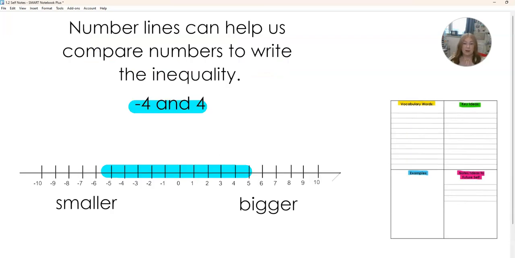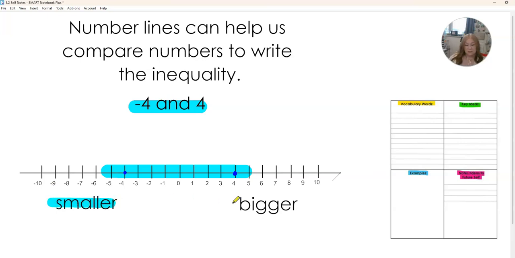So number lines can help us compare numbers to write the inequality. So go ahead and just draw yourself a quick little number line here. And we're going to plot on it -4 and 4. So here's -4 and here's +4. And knowing that we put negatives on the left, we know the left is always going to be smaller and the right is always going to be bigger. So make sure you also include those words there.